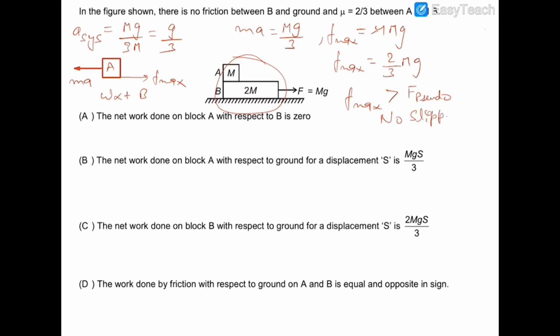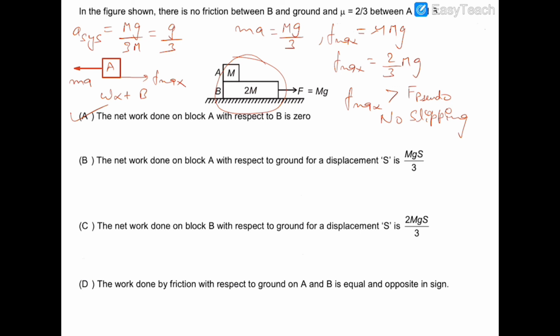So they will move together, and hence the acceleration which I have calculated as g/3 will be the individual acceleration of these blocks also. Now the net work done on the block A with respect to B will be 0 is the correct option, because with respect to B, A is not being displaced, and A and B are moving together with respect to ground.